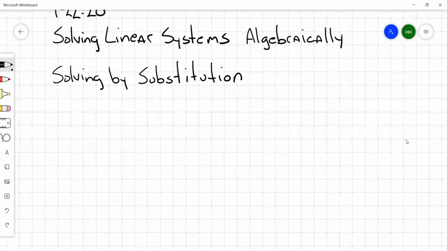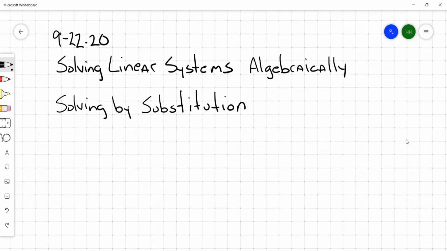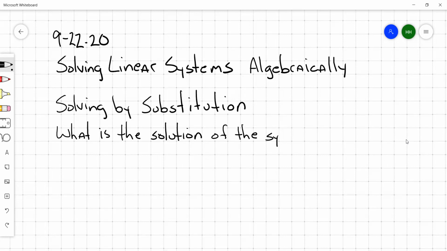So, when we are solving by substitution, the question is going to be, what is the solution of the system of equations? And here's our system of equations.